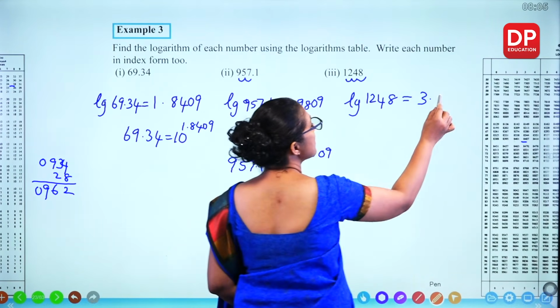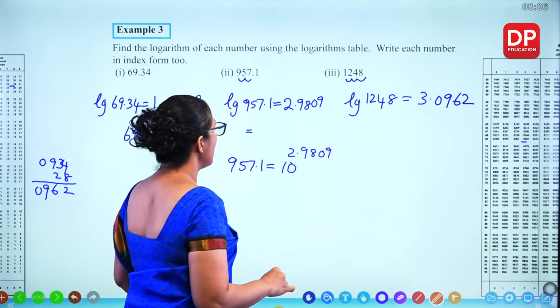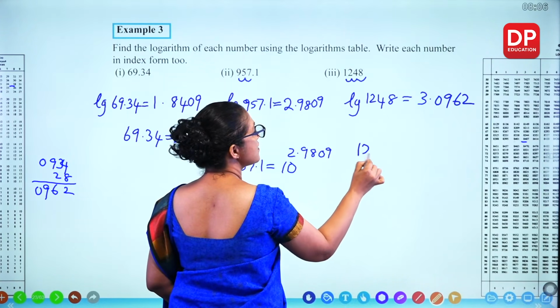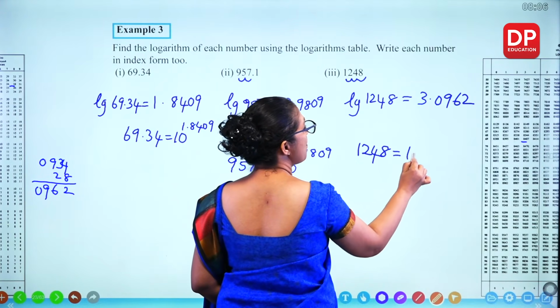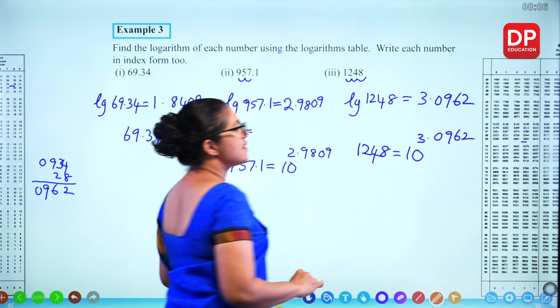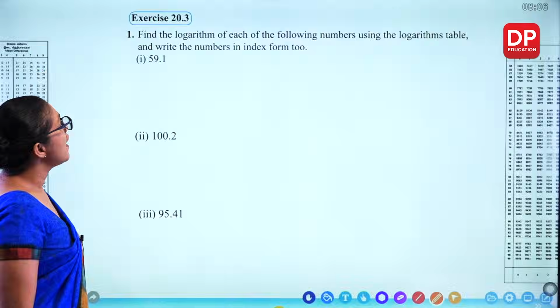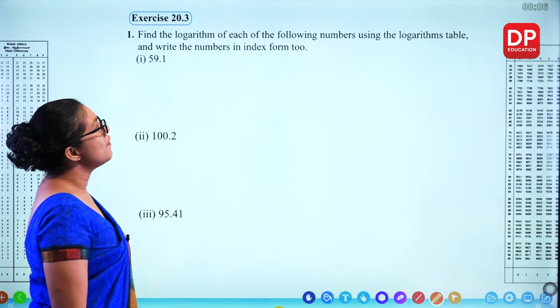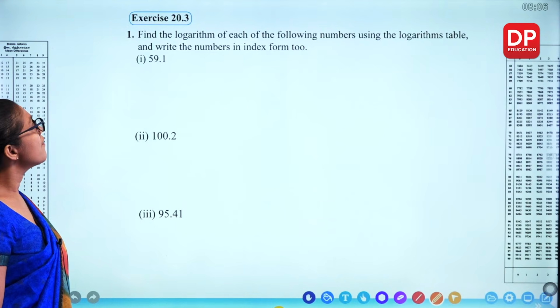So the mantissa, 0962 is the mantissa value. Then how can you write down the answer? 1248 is 10 to the power 3.0962.